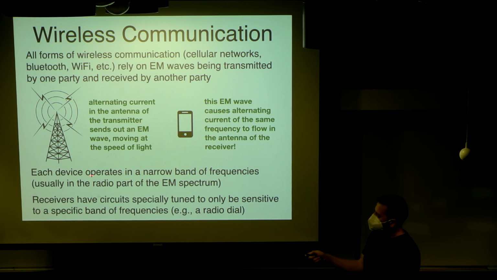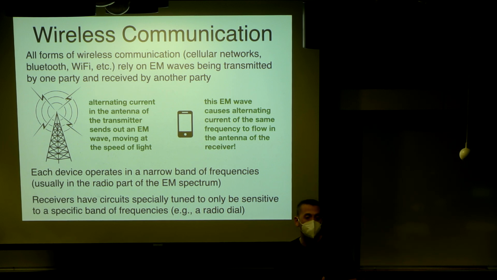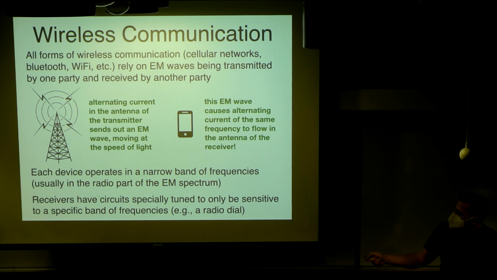So, of course, each device is going to operate within its own narrow band of frequencies. Like each radio station operates in a certain narrow range of frequencies. Each cellular device has its own narrow band of frequencies. So your receiver has to be specially tuned to some specific frequency or narrow range of frequencies.